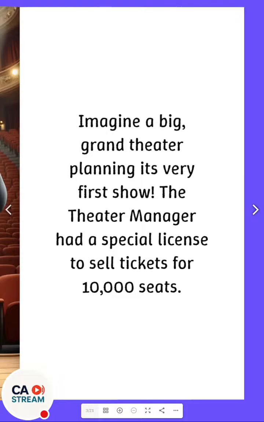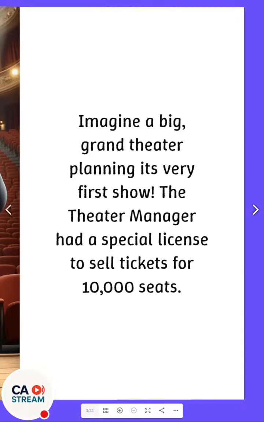That means the manager is able to sell 10,000 tickets. Here the 10,000 tickets, we will call it the maximum amount of the tickets that he can sell. If in the place of tickets we substitute the number of shares, the company is now eligible to issue 10,000 shares. That is the authorized, permitted, registered with ROC.